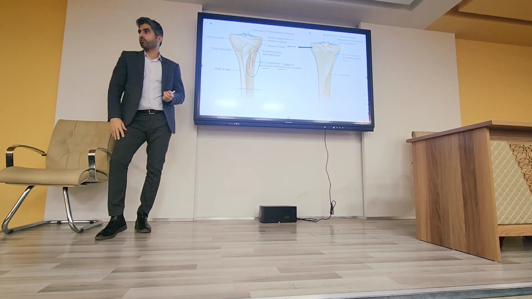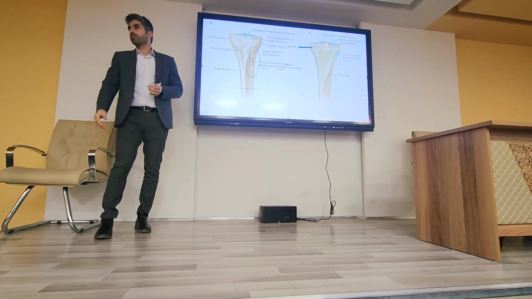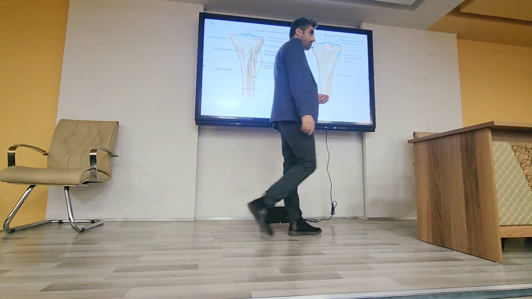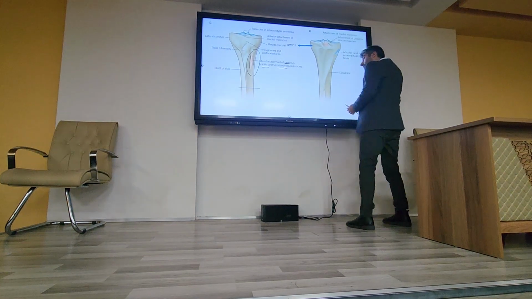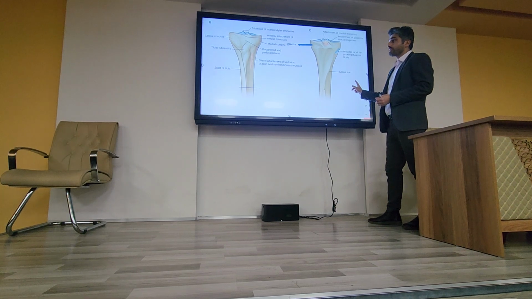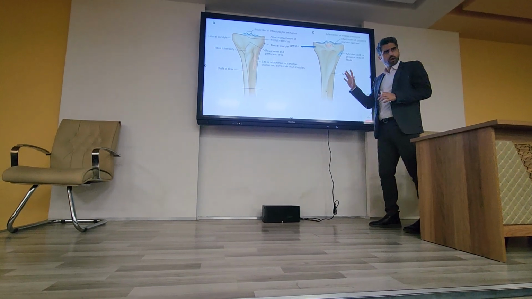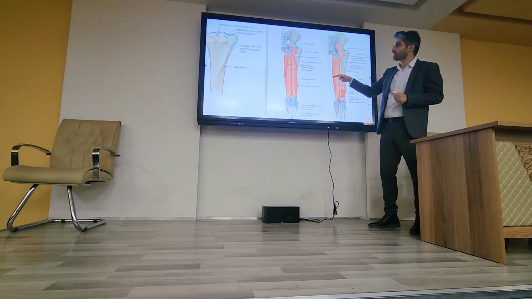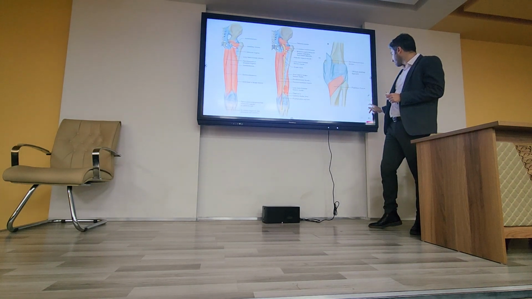One medial compartment, gracilis. One posterior compartment, semitendinosus. And semimembranosus, biceps, head of the fibula, okay? Where is the insertion of the semimembranosus?